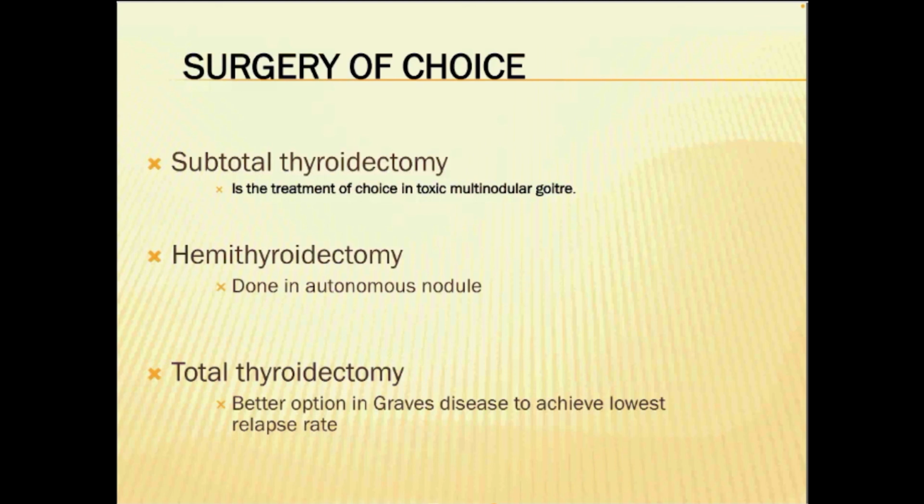Only a small peanut-shaped piece of thyroid gland will be left, while the rest of the other lobe is removed. In hemithyroidectomy, we remove either the right or left lobe along with the isthmus, so the other lobe remains as normal.